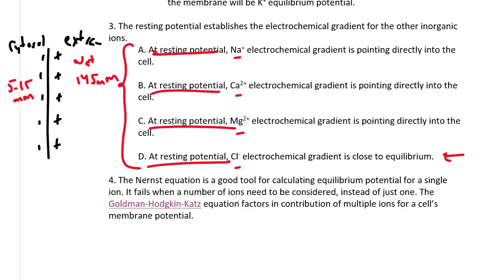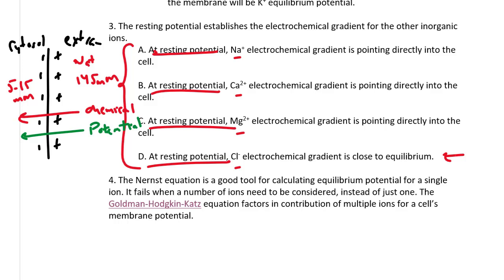Well, obviously, its concentration gradient, chemical gradient, is pointing in, and positive wants to go to negative, so its potential gradient is also pointing in. You add these up, you have a very strong electrochemical gradient pointing in.